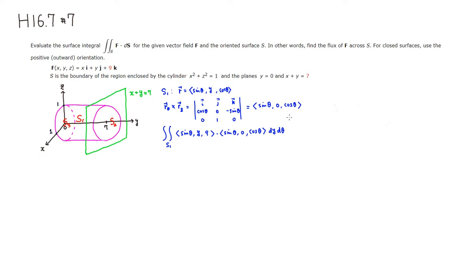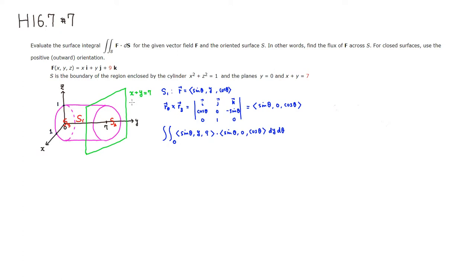So y is going to go from 0, which is on the xz plane, and I'll put the lower bound and upper bound. It goes all the way to the plane x plus y equals 7.